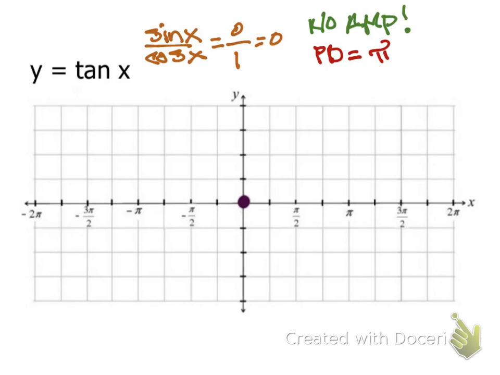Let's look at tangent again. Tangent starts at 0. We could talk about why, but we end up with asymptotes on either side of that 0, each half of the period away from the 0. Then our fake amplitude is going to tell us what happens next.